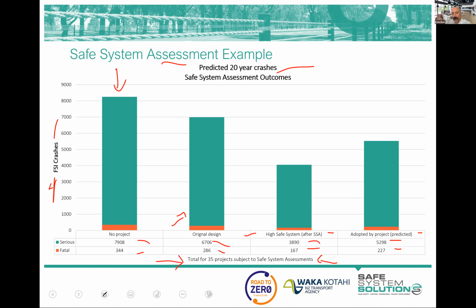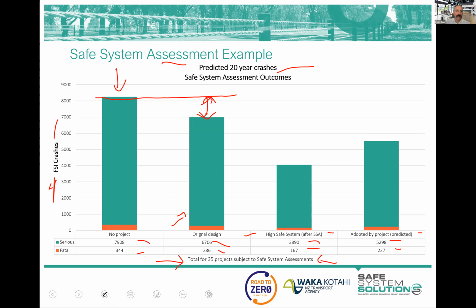So this tells me quite a story, and I will run you through that. The first thing it tells me is that the designs being produced from the big design houses, churning out lots of big highway and road design, improve road safety.